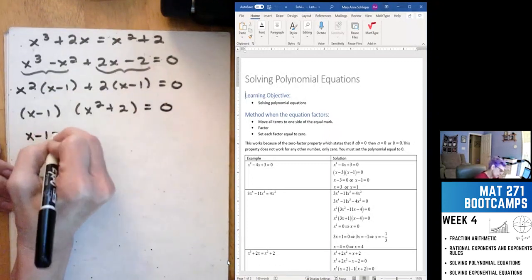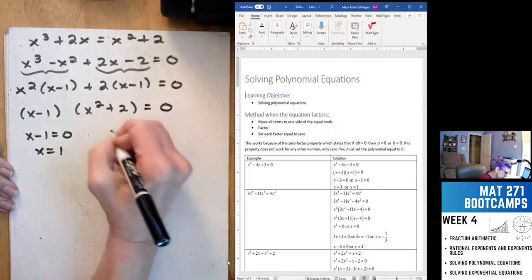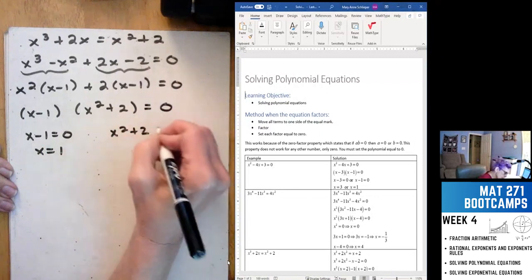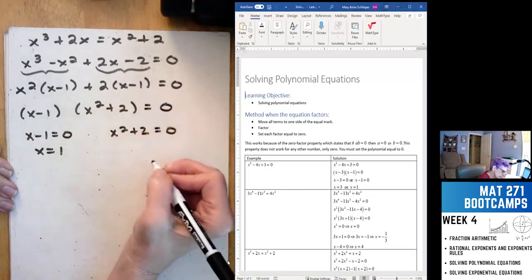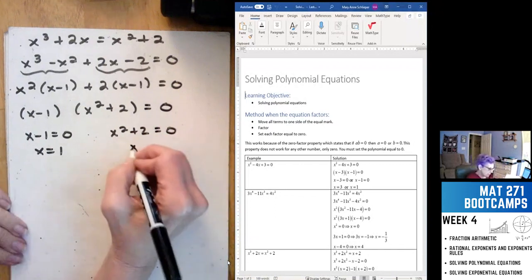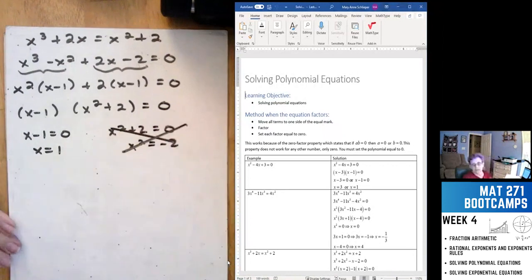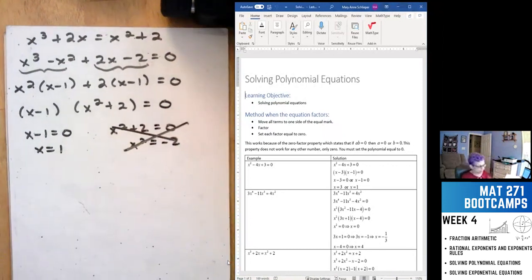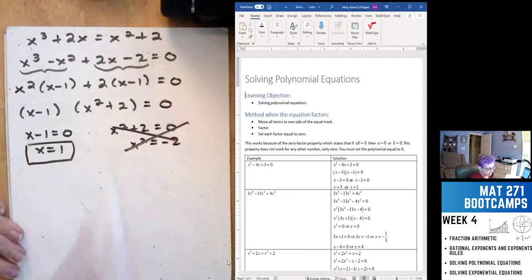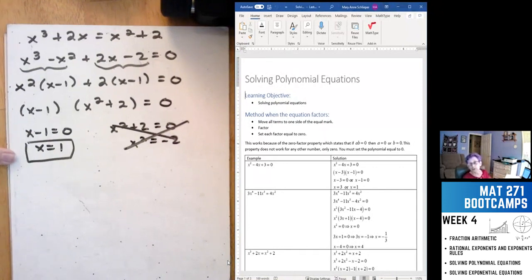So x minus 1 is equal to 0, so x is equal to 1. X squared plus 2 is equal to 0. Well, if I tried to solve that, I would end up with x squared equals a negative thing. That's not going to happen in the real world. So this one we only get one answer. We knew there would not possibly be more than 3. We ended up with just 1.